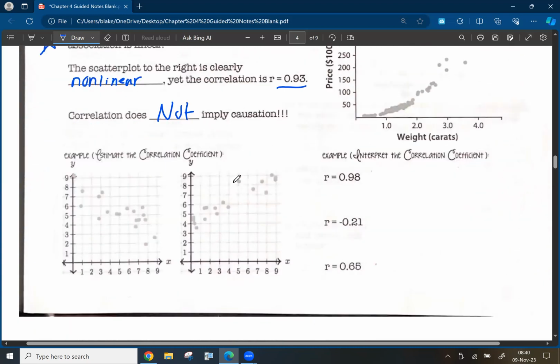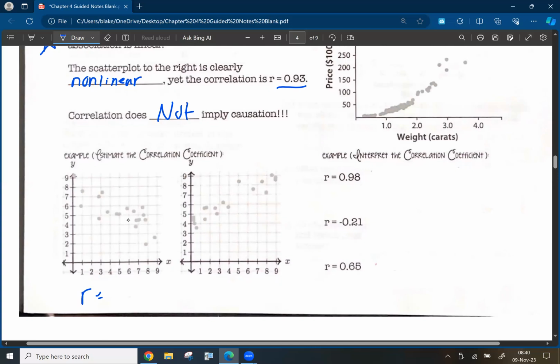All right, and just a couple of estimates to get us a feel for things. Here we have a negative correlation, and it's not very strong. You can tell there's a pattern there. It's probably a pretty moderate correlation. So I would say maybe R is close to -0.7 or -0.6. This is just an estimate, right?